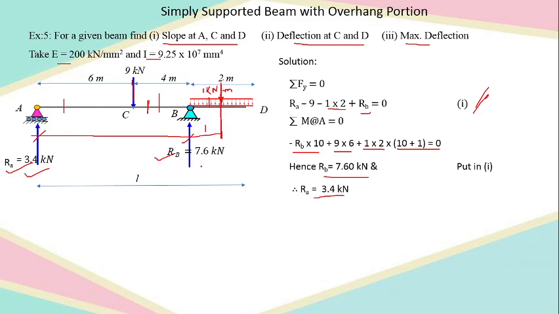So let us take those sections one by one. First section at a distance of x from A, second section at a distance of x from A again, and third section also at a distance of x from A. Now with respect to every section I have to take the moment.